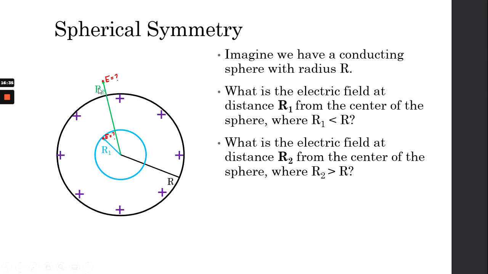And then if you want to measure the electric field at the distance r2, wherein r2 is greater than the radius of your sphere, then you have to create a Gaussian surface of spherical symmetry, wherein you enclose the whole conducting sphere with an imaginary sphere with the radius r2, and at the surface here you are measuring the electric field.